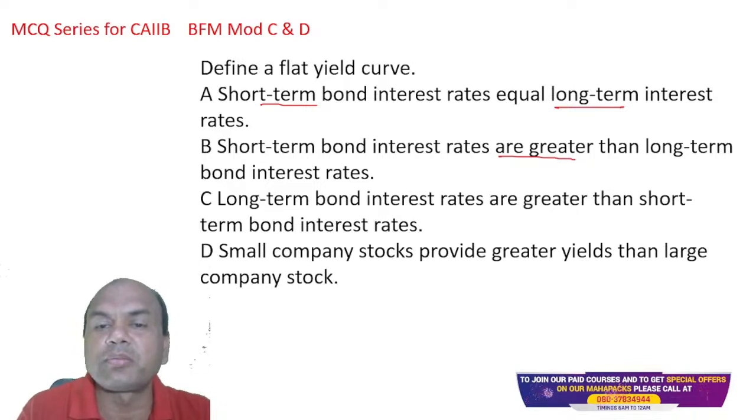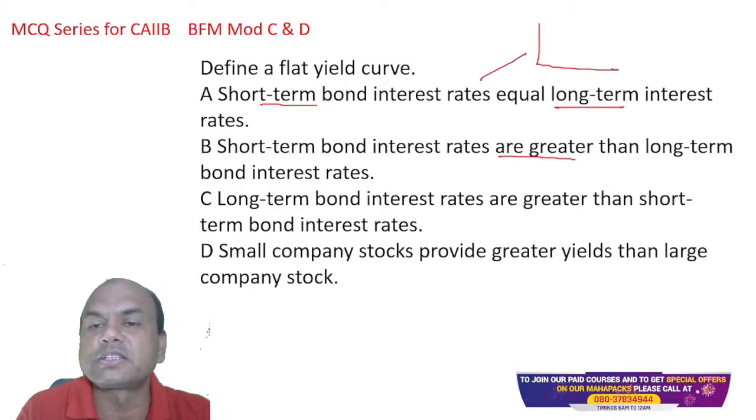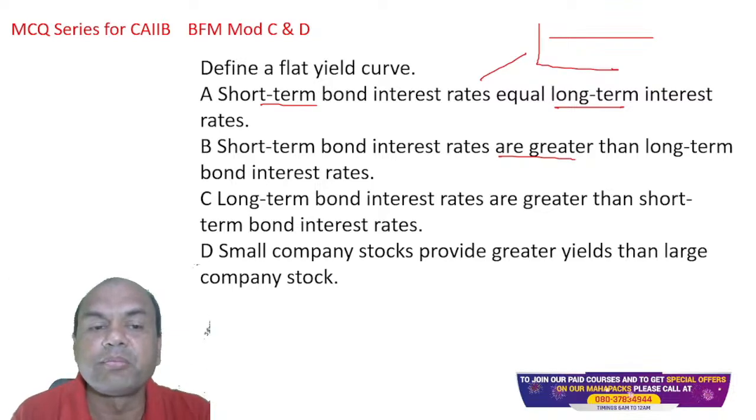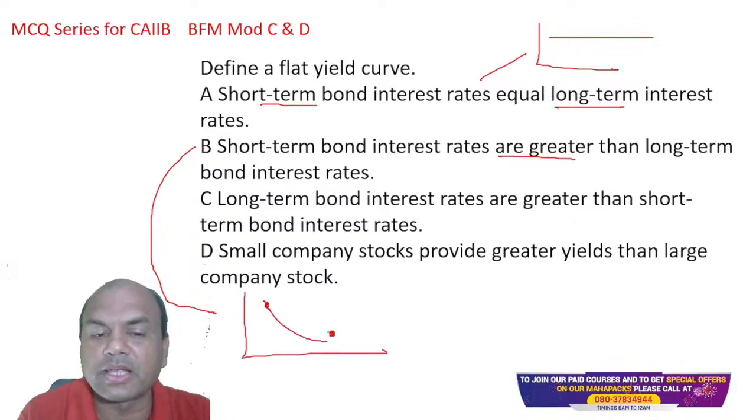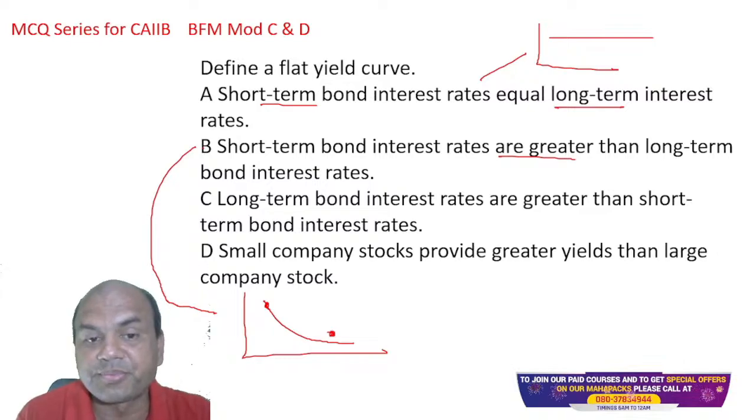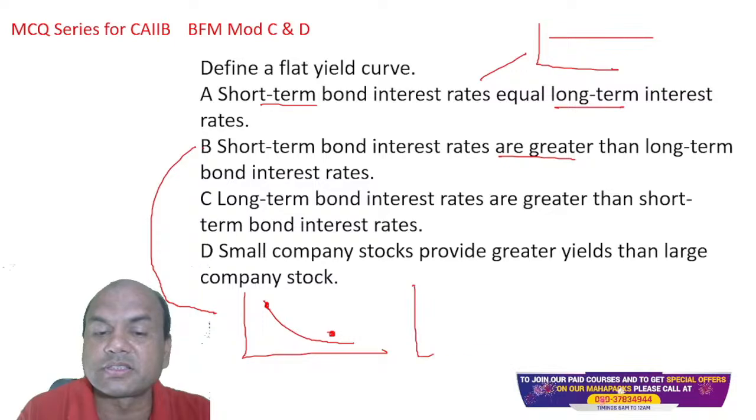See this. Short-term equals long-term, so this is flat over here. Let's plot B. Short-term is greater, long-term lesser, so it will be like this. Recession: long-term interest rates are greater than short-term interest rates. So this C will be long-term greater than short-term, so it will be like this.